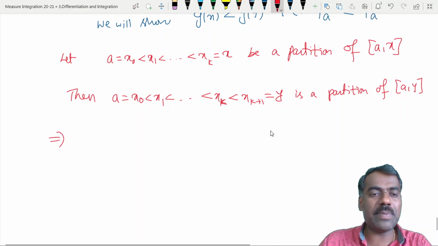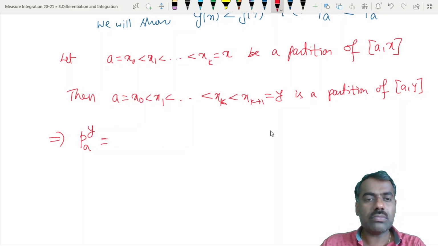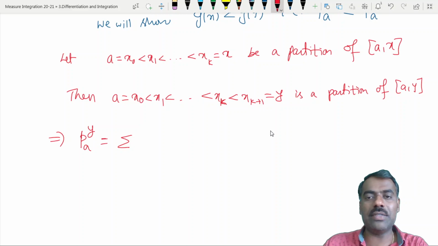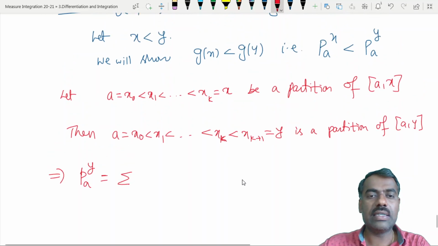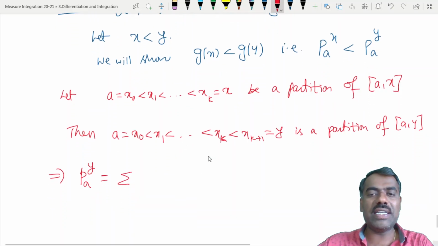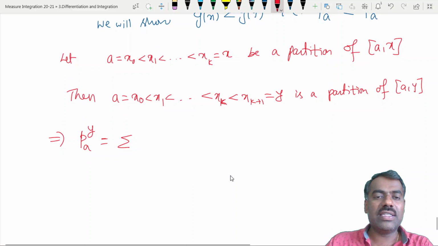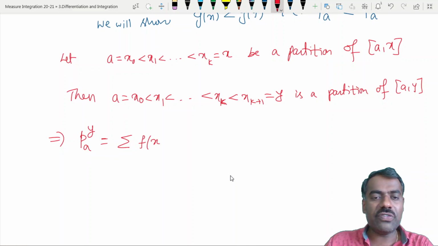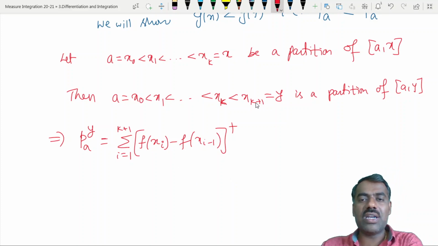Then this implies, regarding this small p, remember this is small p, for this partition if you apply f, this is the summation of the positive part of f of xi minus f of xi minus 1, where i is equal to 1 to k plus 1, because this is a partition from x naught to xk plus 1.